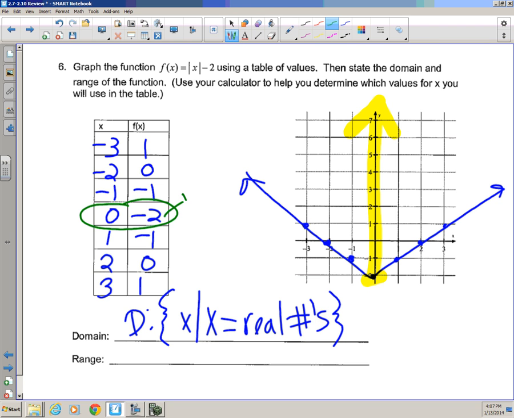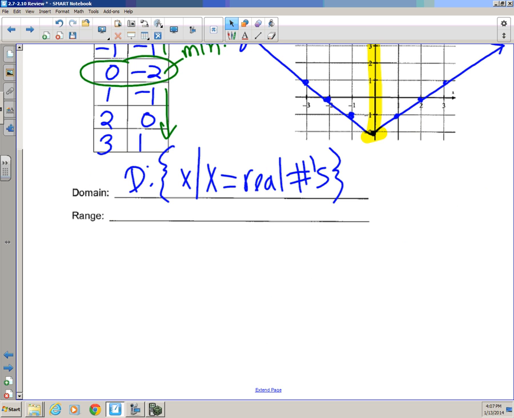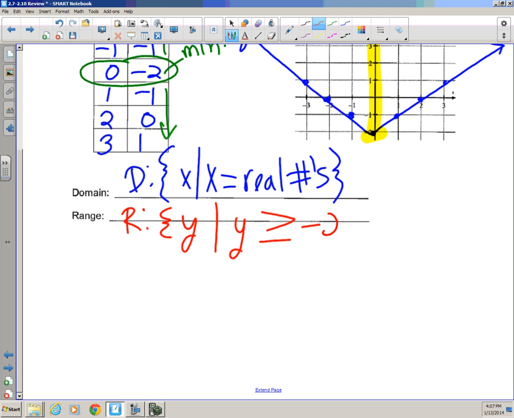This is the lowest point, or a minimum, because the y's on either side of it keep getting bigger. So what that means in terms of your range is that your range is the set of all y's such that y is greater than or equal to -2.